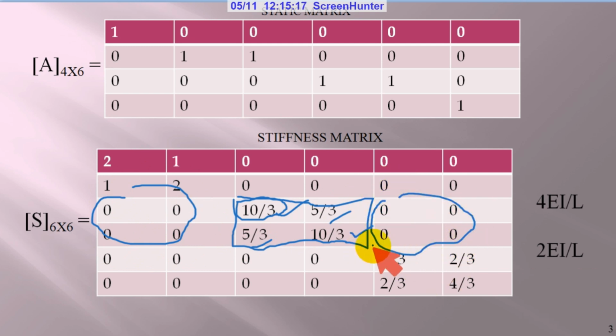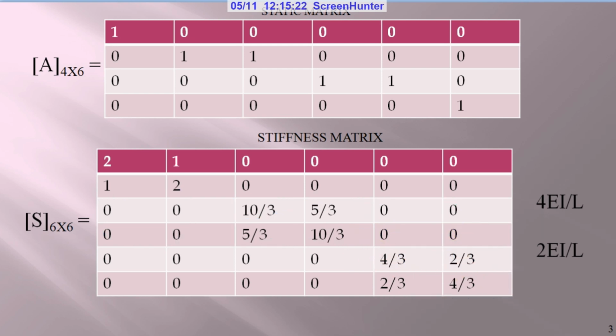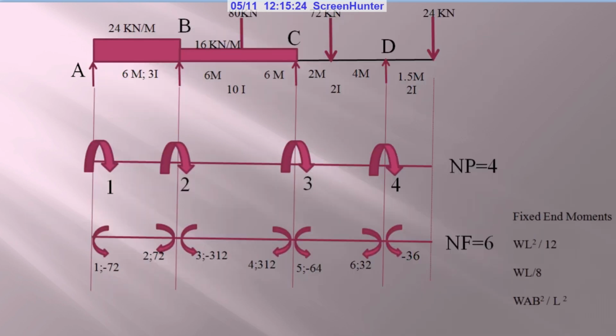Then let us switch to this third span. So third span here is CD. In this third span again 4EI, that is 2, EI I have taken common, by L. L is 6. So it is 8 by 6, that is 4 by 3.